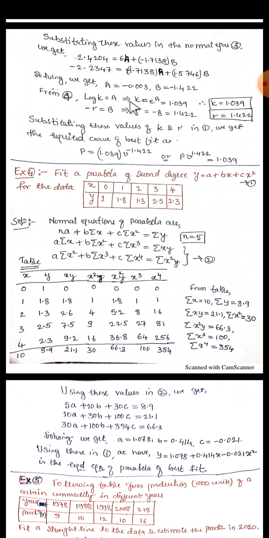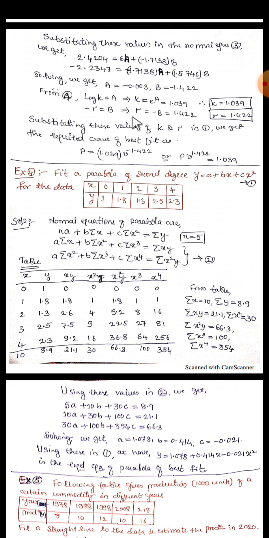But actually we need small letters k and gamma. Here we have taken log k as capital A and minus gamma as B. So k equals e to the power capital A, and this value gives k as 1.039.